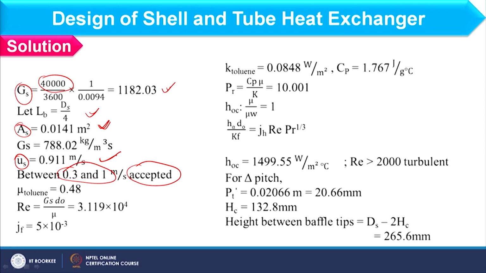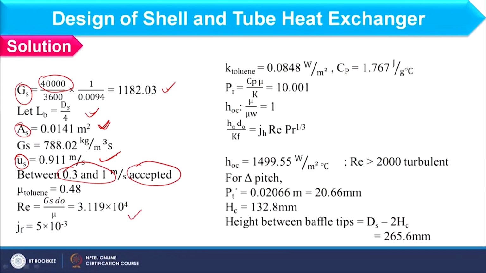As far as the viscosity of toluene is concerned, because that will be used to find the Reynolds number, the viscosity of toluene and water, all these we have already seen in the first lecture of the 4th week. So, we can simply use these values instead of collecting the properties again.